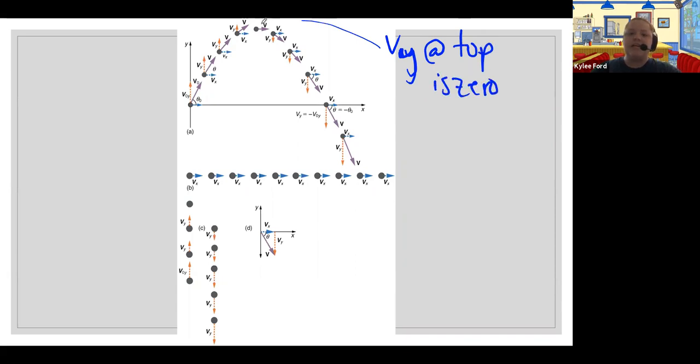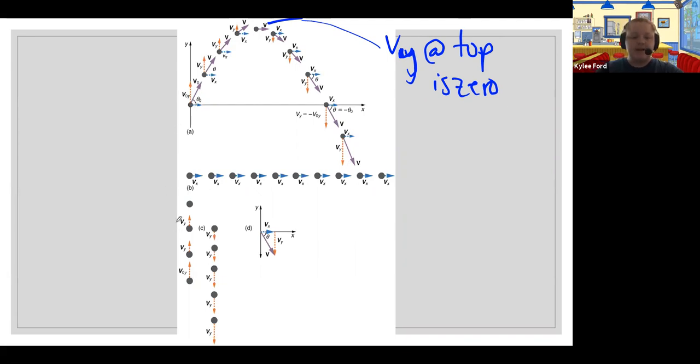We can see that. And so our velocity at that point is purely in that x direction. And again, our vx stays the same the entire time.